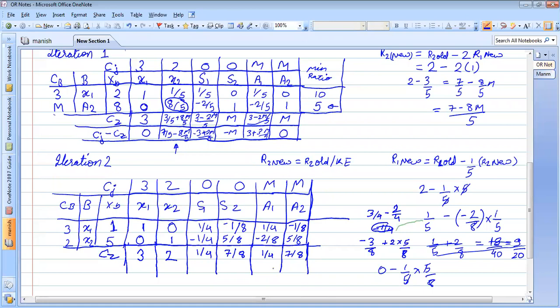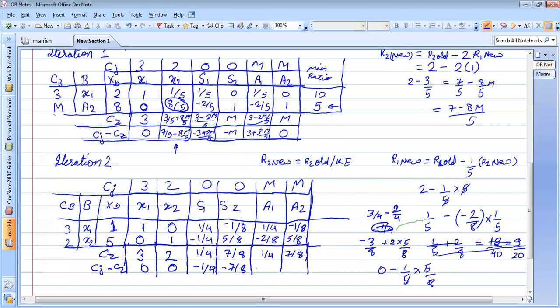Any doubts up to this point? No, sir. Then we will calculate Cj minus Cz. So you will get 3 minus 3 is 0, 2 minus 2 is 0, 0 minus 1 by 4 is minus 1 by 4, then 0 minus 7 by 8 is minus 7 by 8.